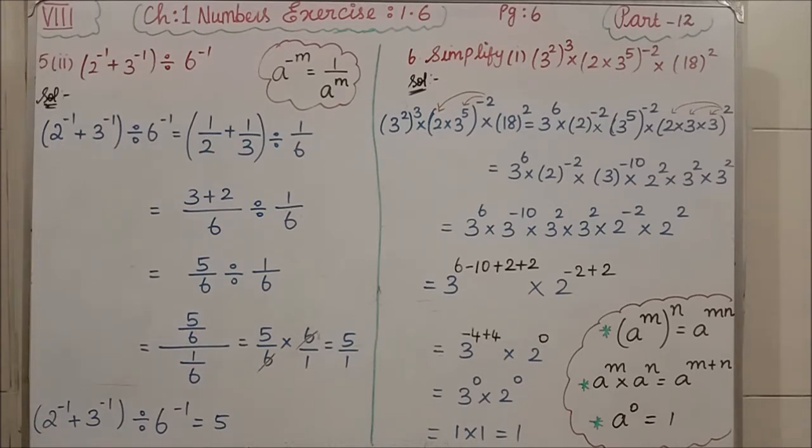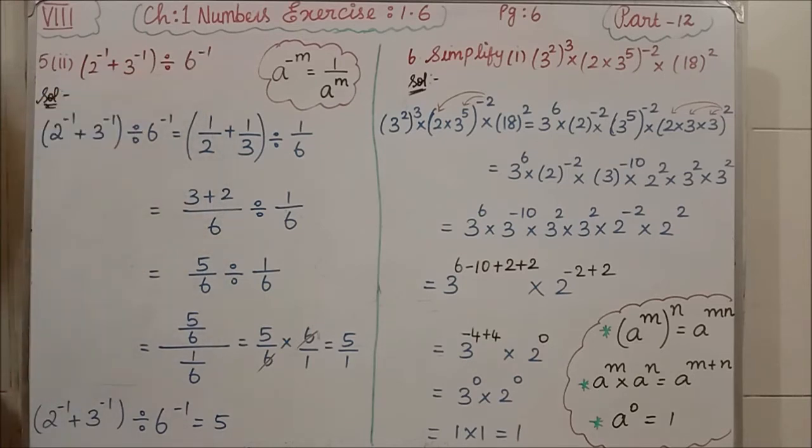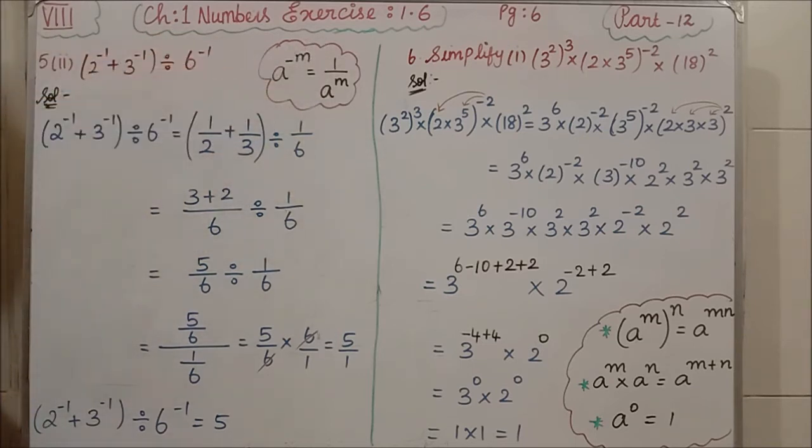2 power minus 1 plus 3 power minus 1 divided by 6 power minus 1. So, whenever you have a minus power, what formula will you apply? a power minus m equals 1 divided by a power m. That formula you have to apply. Clear?